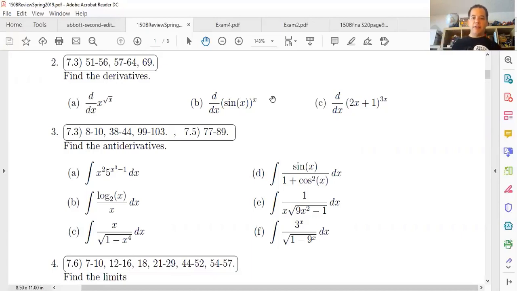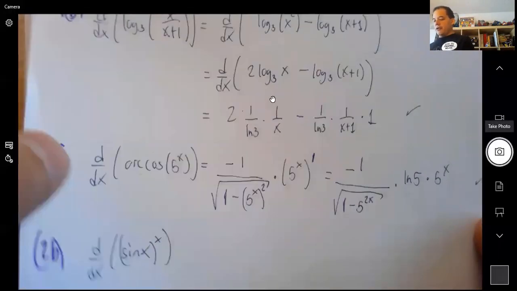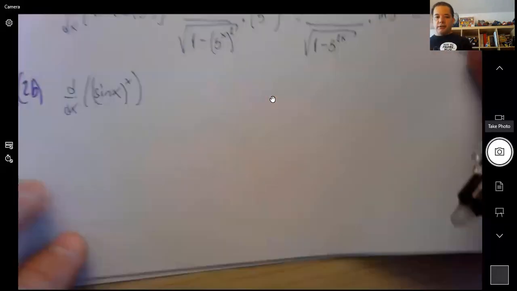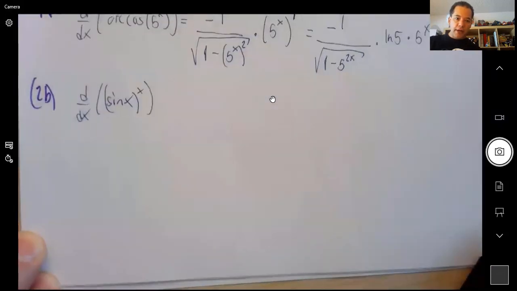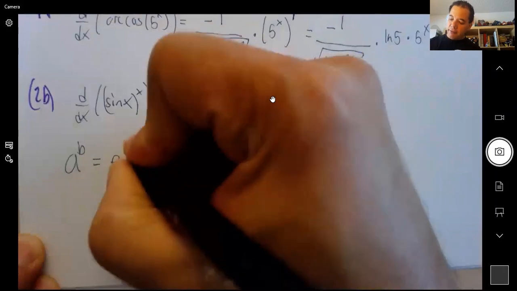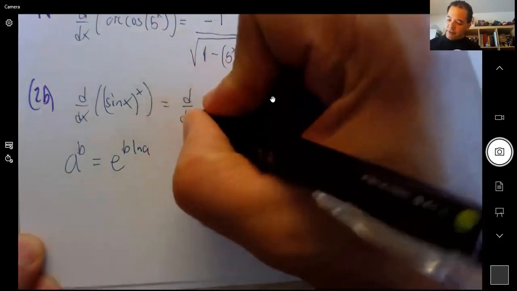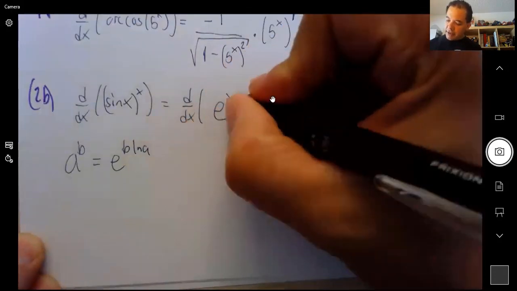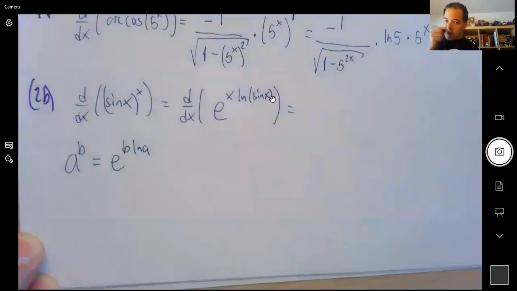All right, and let me explain what you need to do this. There's two ways you can do it. One of them is you can use this notion of how to do a number raised to another. So a to the b is e to the b ln a. So if you do that, then all you need to do is do the derivative of e to the x ln of sine x. And you can do that derivative just the way you usually do the derivatives.